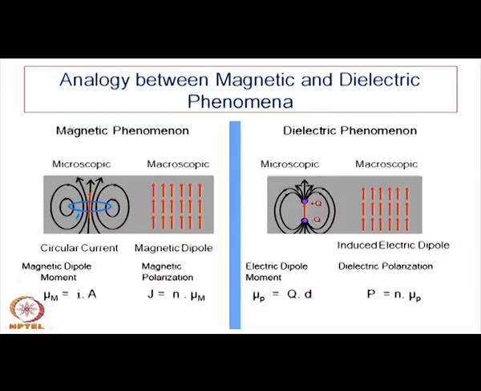So, in magnetic phenomena what happens is you have a current flowing because electrons are flowing, and therefore you generate a magnetic field, magnetic lines of force, and these are continuous magnetic lines of force. The current is flowing in this horizontal path.